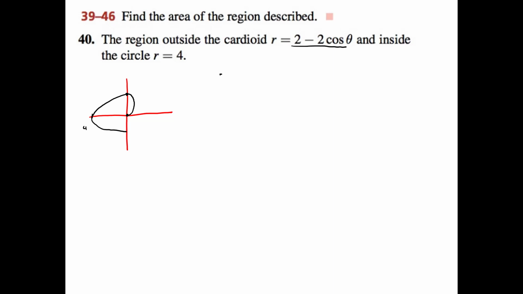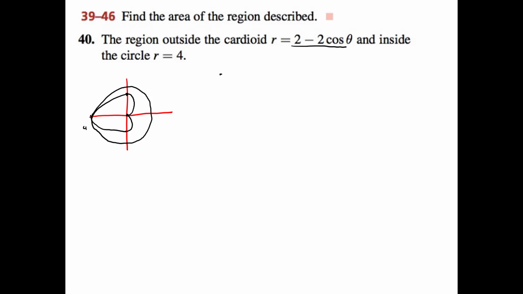At an angle of 3 pi over 2, we'll put this down here. And then at 2 pi, we're going to connect back here. So that's what my cardioid looks like. And my circle of radius 4 is this thing right here. Try and draw the best circle that you can.